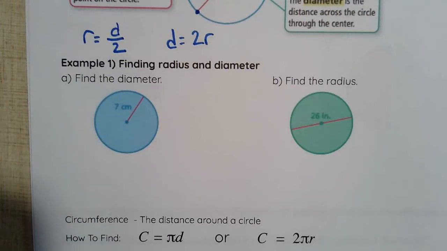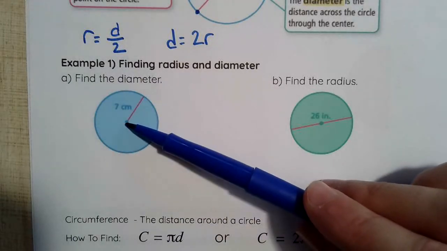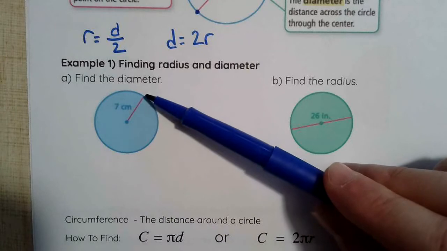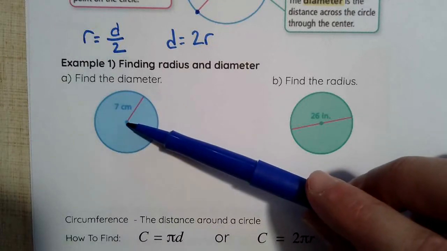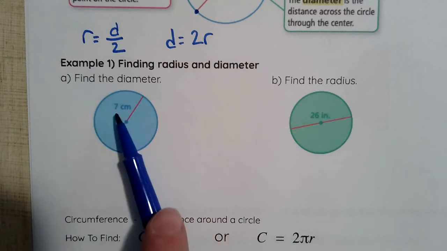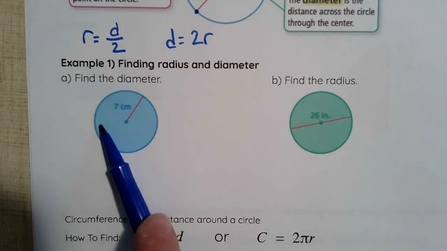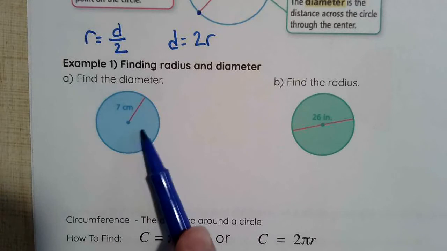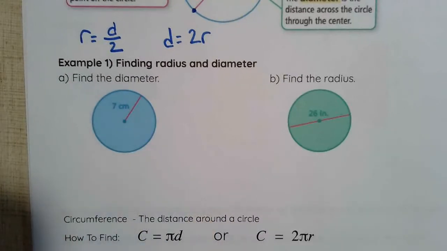Something we want to note about all diagrams of circles: if a line is drawn from the center to a point on the circle, it's referring to the radius, and the measurement given is also referring to the radius. So no matter where the 7 centimeters is placed, it's referring to that distance.